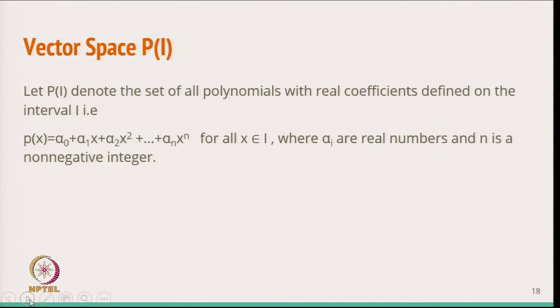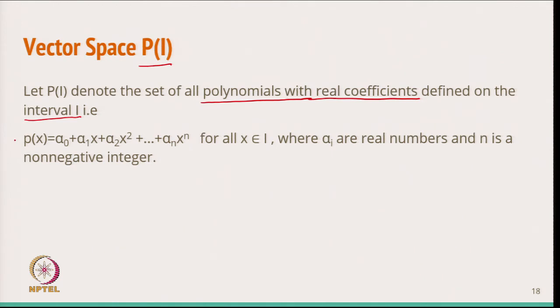Now, after that we define another type of vector space and we call it Pi. So, what is Pi? Let Pi denote the set of all polynomials with real coefficients defined on the interval I. So, that is the set we are taking.